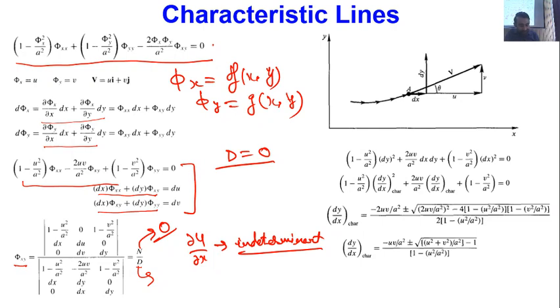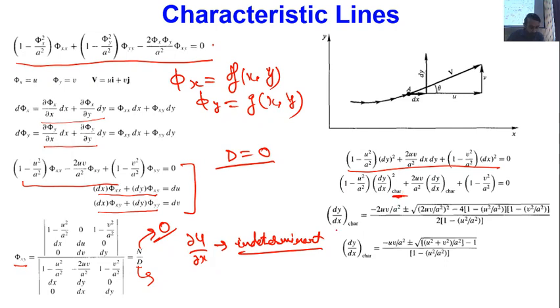So now what we have done: first, to find out the characteristic direction, we have set D equal to 0. So this determinant, if I equate to 0, from here I can calculate dy by dx, and obviously because I am making D equal to 0, this dy by dx has to be applicable along a characteristic direction.